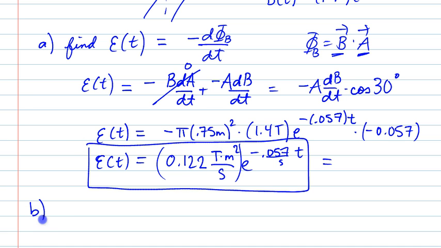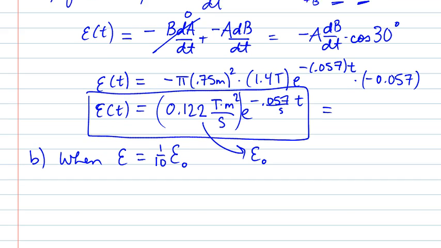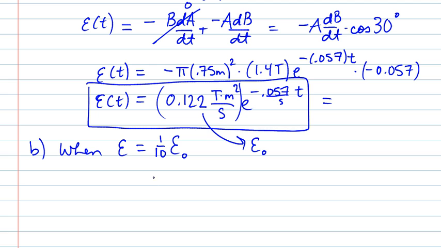Now in part B, we want to find the time when this EMF is equal to 1/10 of the original. And so the original is going to be this, that's E naught. And so really what I'm trying to solve for is that the final value is 1/10 of the initial, and I'm going to solve this equation for time.